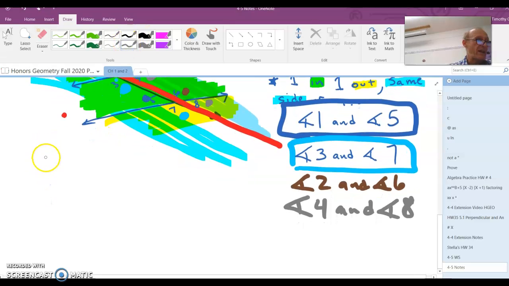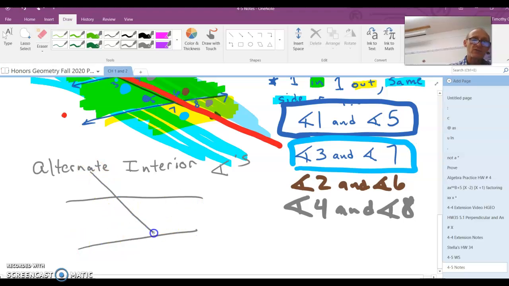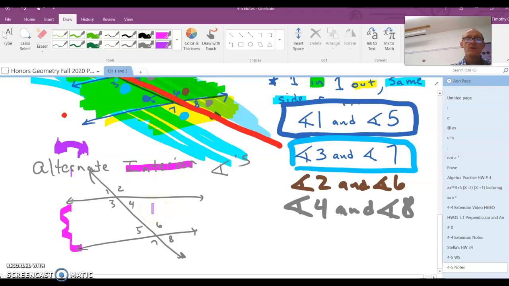So we're going to do a new angle pair, alternate interior angles. We'll draw two new lines cut by a transversal. 1, 2, 3, 4, 5, 6, 7, 8. Interior means on the inside here, and alternate means back and forth. So one's on one side and one's on the other. The alternate interior angles in this one are 3 and 6. You see how they alternate on the opposite sides of the transversal?